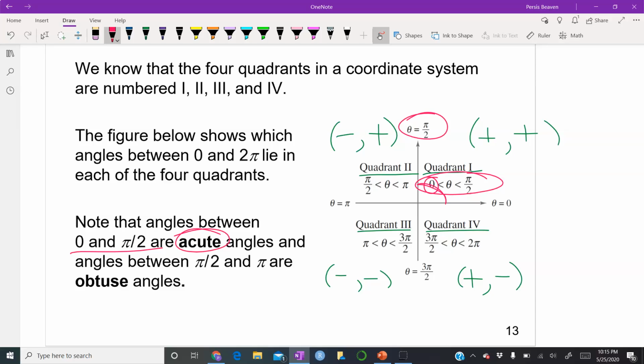Now, for angles in quadrant 2, they're greater than pi over 2, but they're smaller than pi, we consider those to be in the second quadrant.